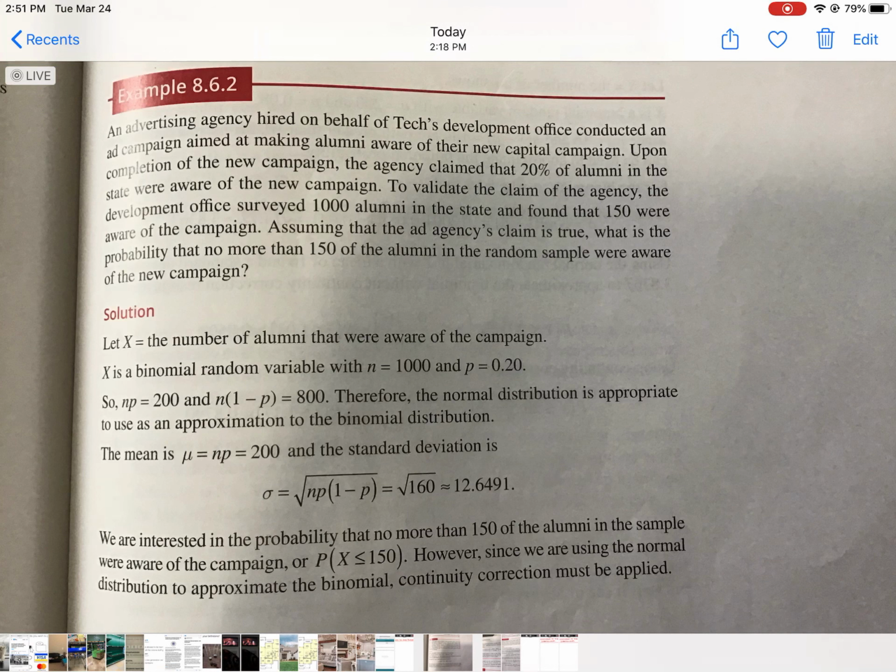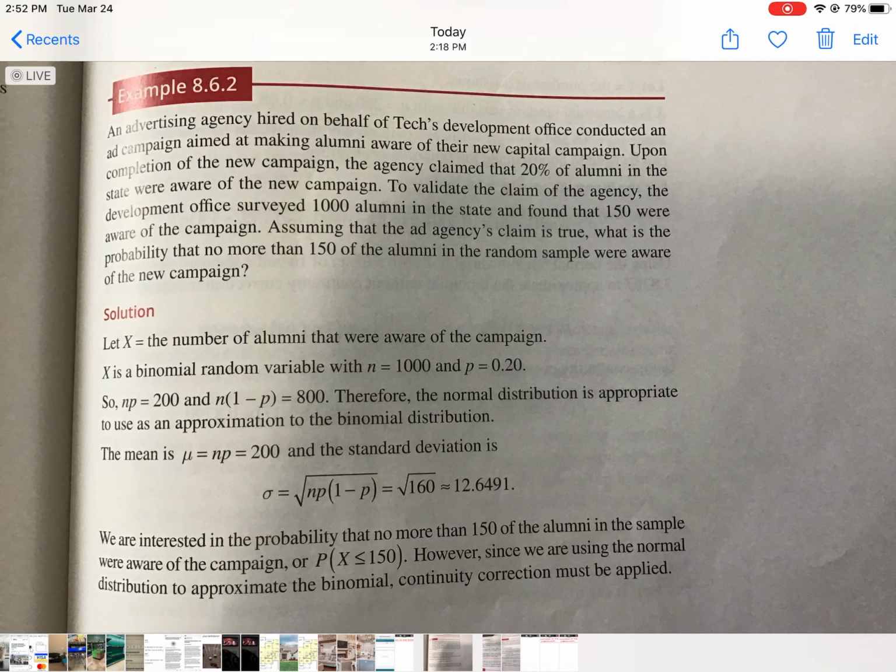To validate the claim of the agency, the Development Office surveyed 1,000 alumni. So the number of trials, N in this case, is going to be 1,000, and they found that 150 were aware of the campaign. Assuming that the ad agency's claim is true, what is the probability that no more than 150 of the alumni in the random sample were aware of the new campaign?